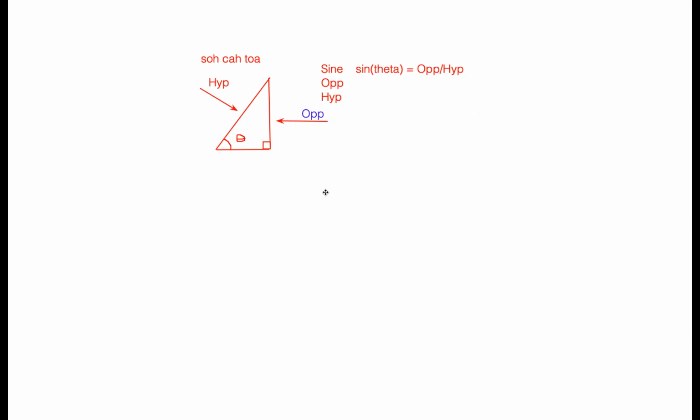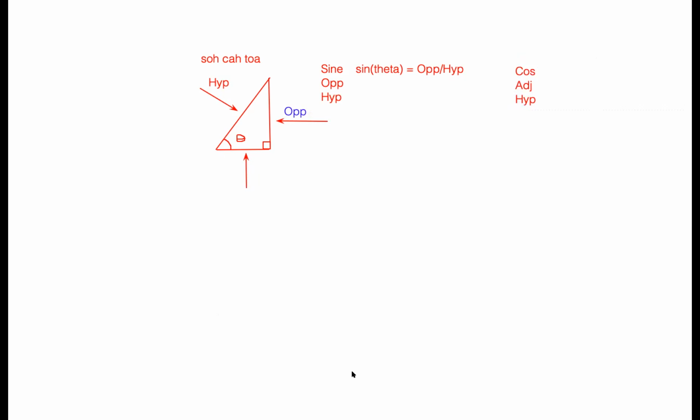Okay, and now there's CAH, and if you were to guess, it'd be the cosine, but there's an A this time. So we have hypotenuse, but this A is adjacent. What that means is the side that is on the same plane as the angle that we're given. So in our case, it'd be right here.